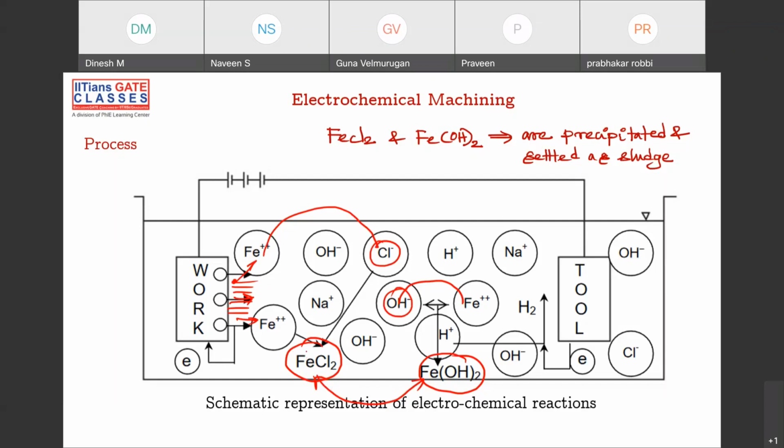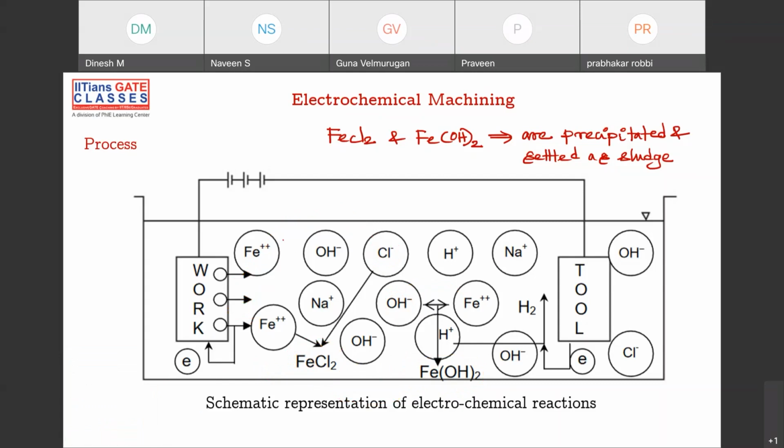They have a good amount of weight density, so they fall down, and that is your removed material. So FeCl2 and Fe(OH)2 are the material removed from the workpiece. Of course, Fe is removed, but Fe forms its reaction with chlorine and with OH. So here, let's not go into depth. This is the main understanding here.